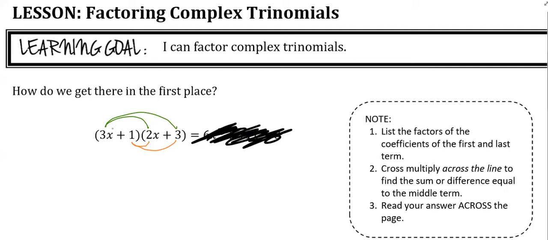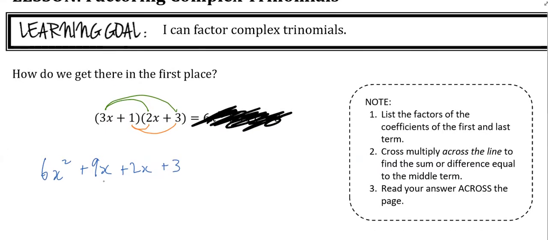So let's do it. 3x times 2x is 6x squared. 3x times 3 is 9x. 1 times 2x is 2x. And 1 times 3 is 3.